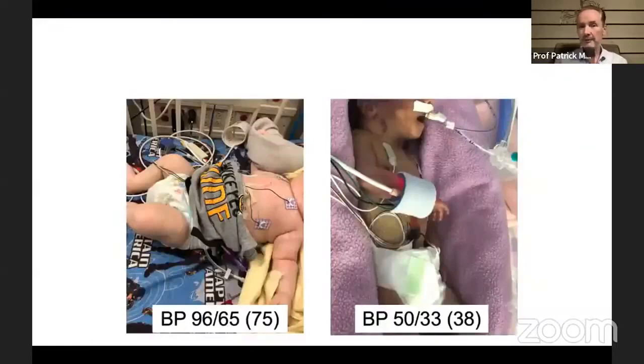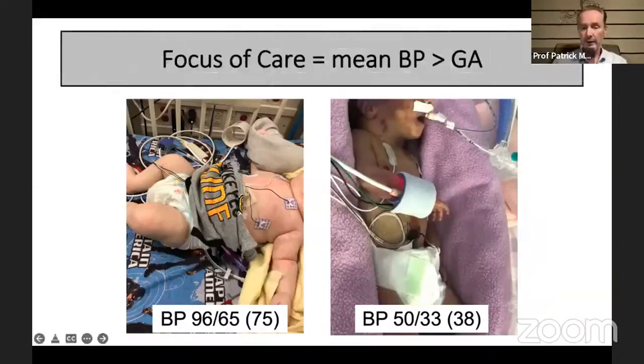So both of these babies don't look well. They both look sick. Unlike patients who are hypotensive, these babies actually had one on the left-hand side had high blood pressure, the baby on the right-hand side had normal blood pressure.